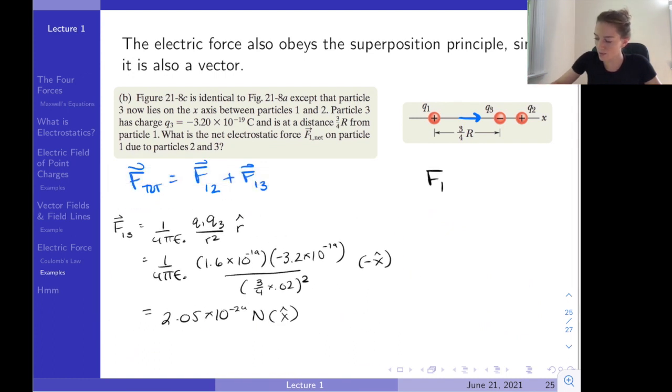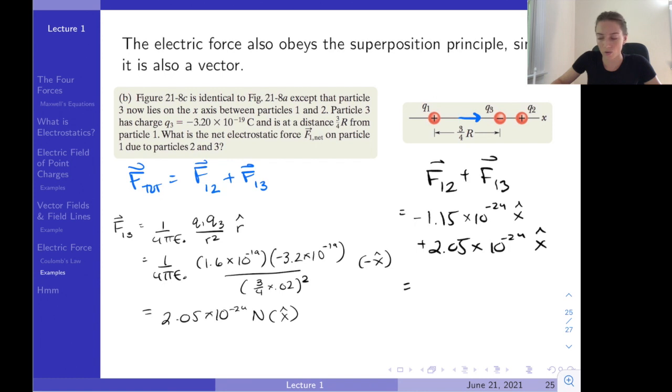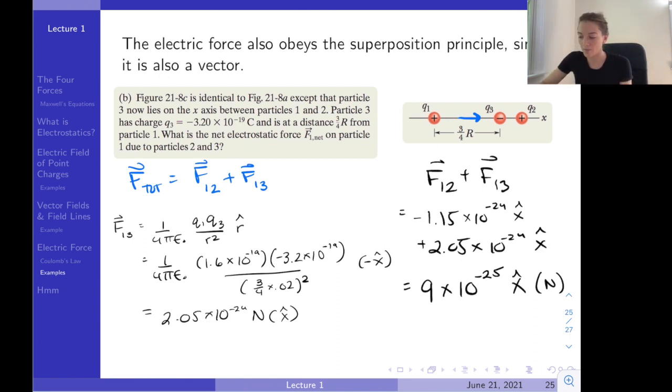So F12 plus F13 is, we had, negative 1.15 times 10 to the negative 24 in the x hat, plus 2.05 times 10 to the negative 24 in the x hat, gives us a total of 9 times 10 to the negative 25 in the x hat direction, and that's in newtons. So we just added those up as vectors. And that's our total force now. So overall, charge 1 feels a force in the positive x hat direction.